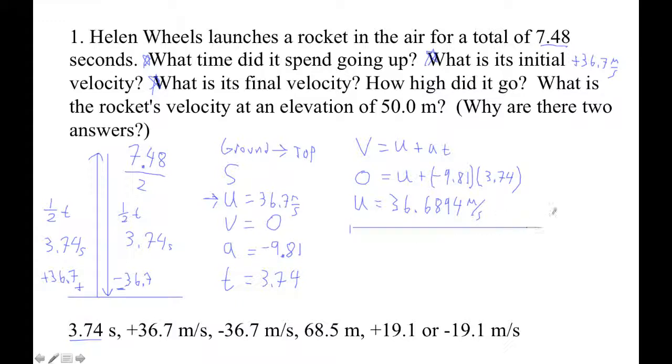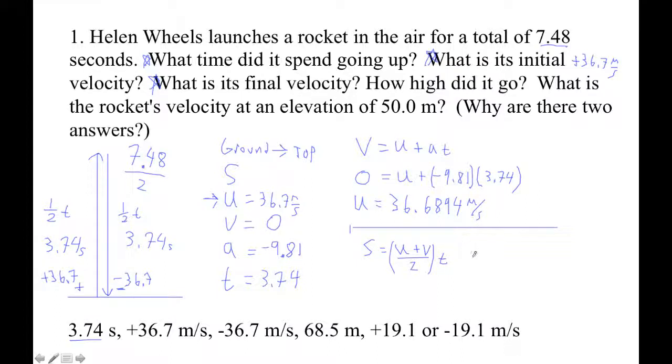To figure out how high, we now have to actually use a formula that doesn't involve time-free U. So what do I use? I think I'm going to use S equals U plus V over 2 times T. There's a lot of them, and I could use any one that has S in it, but this one's pretty simple.